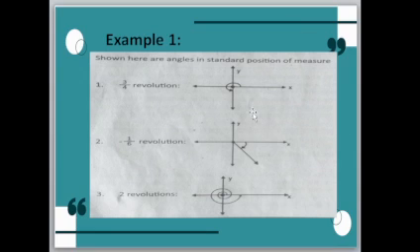Okay, example 1. Shown here are angles in standard position of measure, first, 3/4 revolution. The Cartesian plane is divided into 4 equal parts, and we have to sketch the angle that is 3/4 revolution.